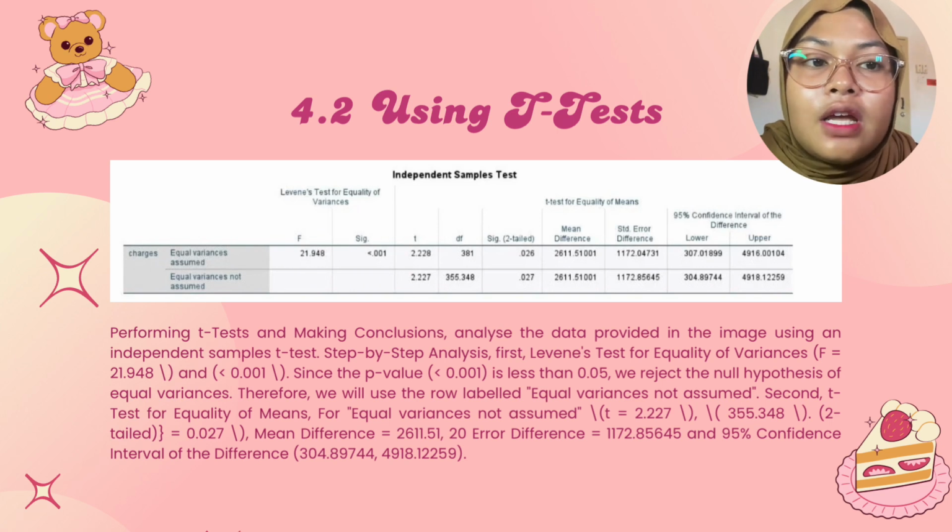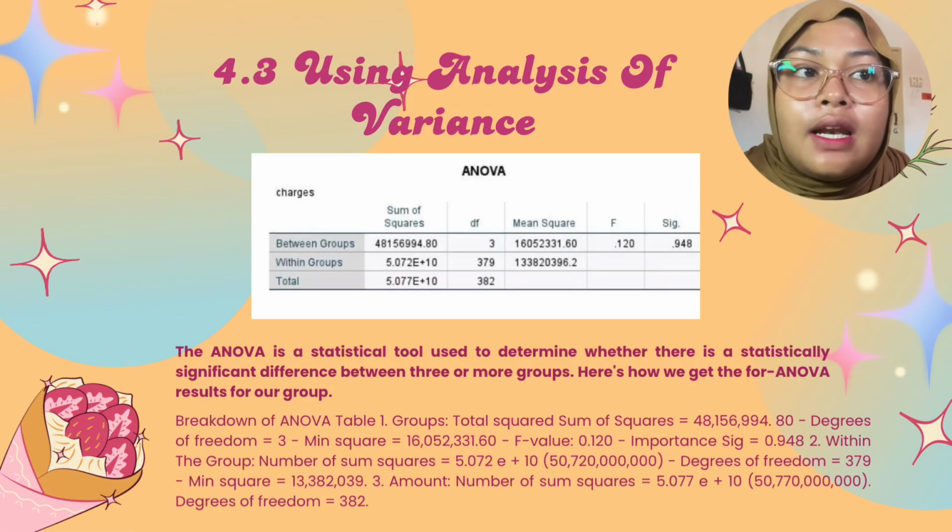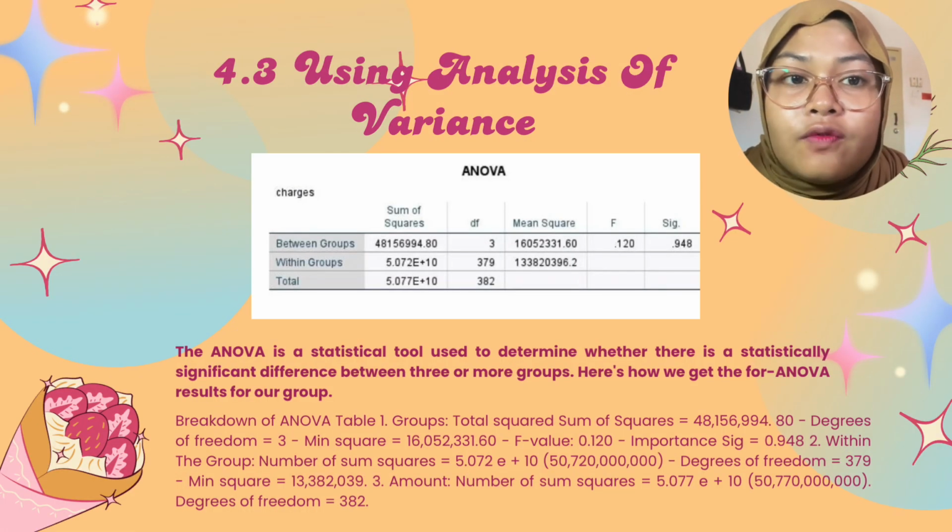Mean difference equals 2611.51. Standard error difference equals 1172.85645, and the 95% confidence interval of the difference is 304.89744 and also 4918.12259.